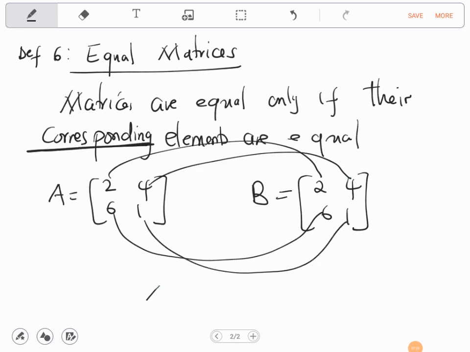So A is equal to B, the corresponding entries being equal. Now that you've known these definitions, let us look at the main interest of this topic today, which is the transpose of a matrix.